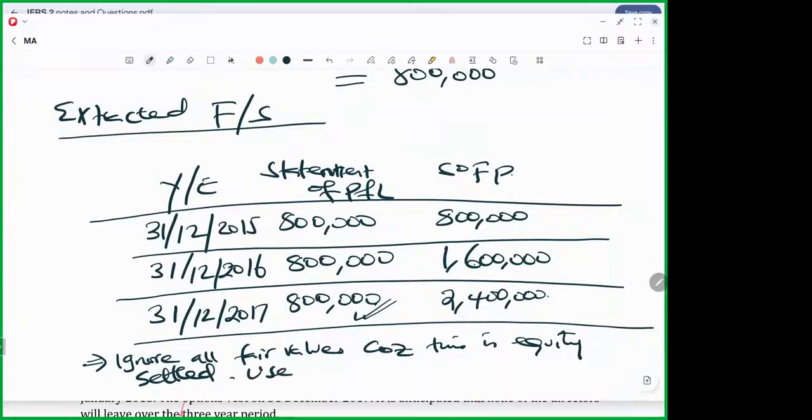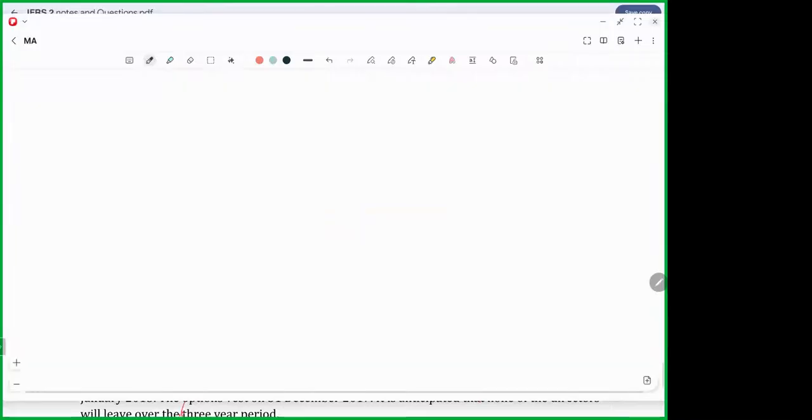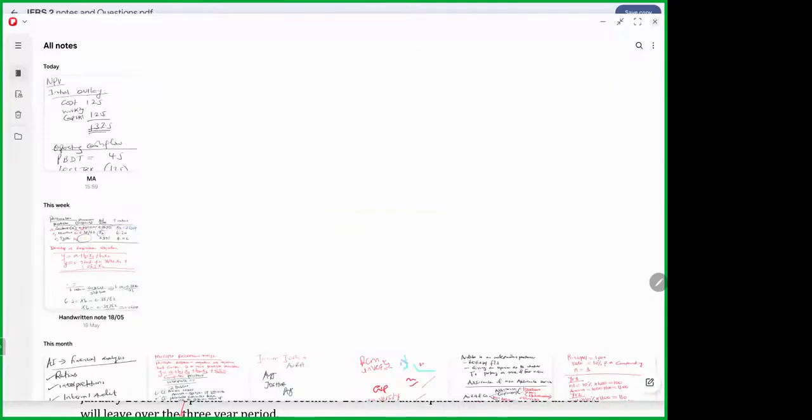Use only the grant date fair value. Like that. And that is the end of that very question.